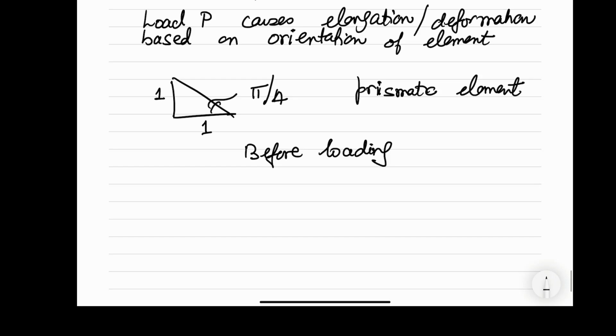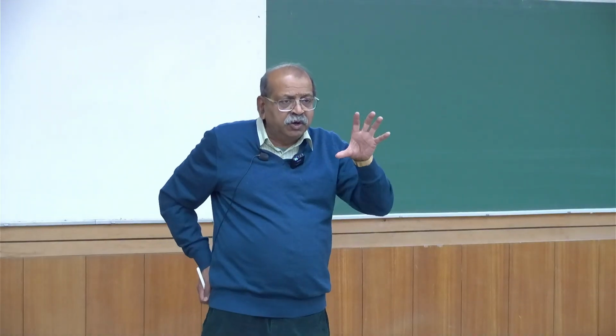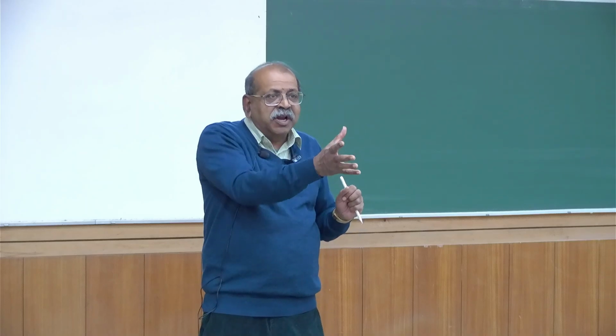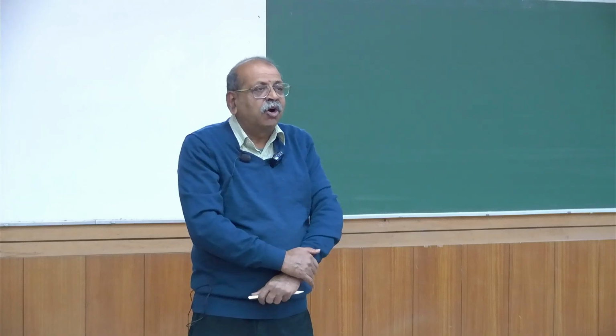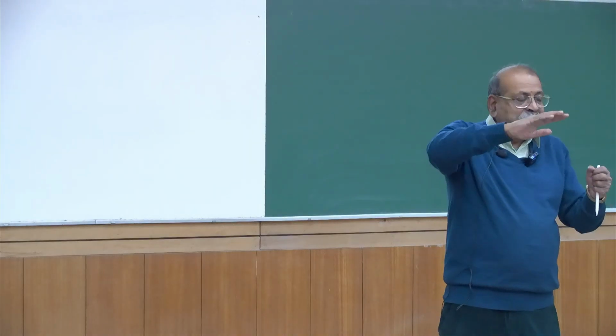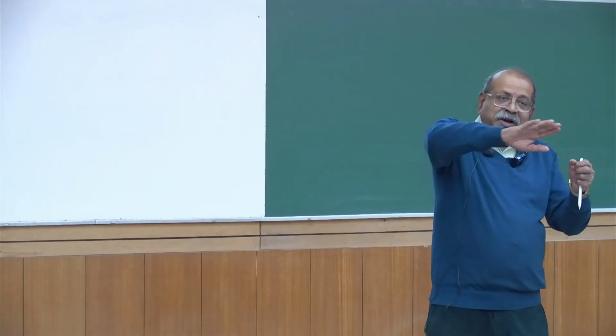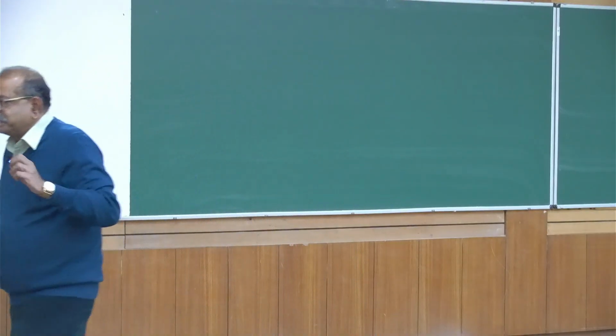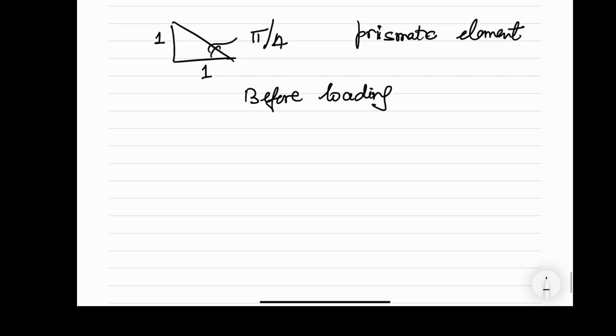Before the loading I take an element on that material which has sides 1 and 1 and an angle 45 degrees. Why do I choose 45 degrees? Because we know that the maximum deformation takes place at an angle of 45 degrees. How do we know that? Mohr circle. From Mohr circle, we know that maximum deformation comes at an angle of 90 degrees in Mohr circle, which is 45 degrees.